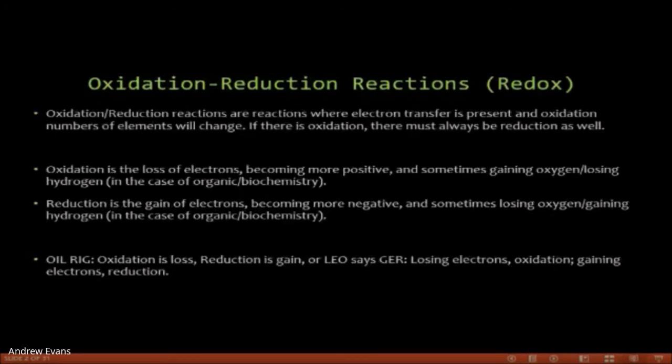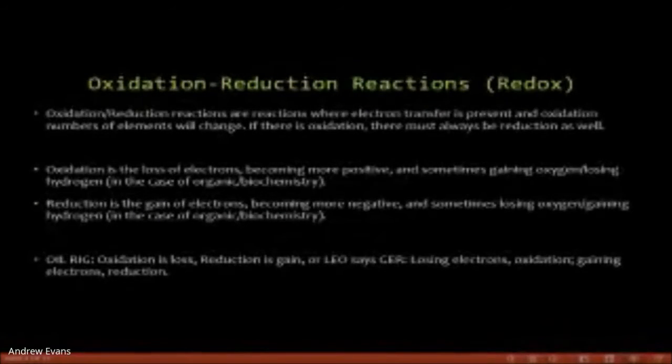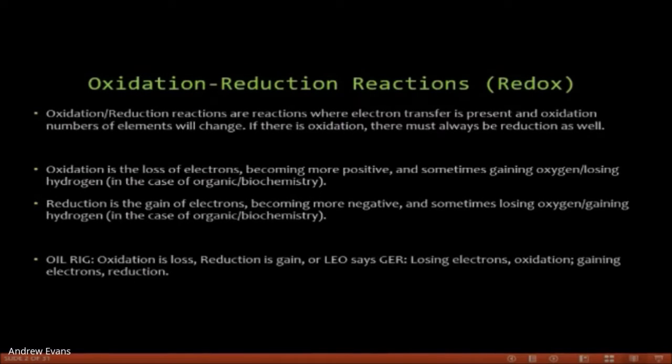Oxidation is loss, reduction is gain of electrons. There's also a mnemonic of Leo the lion says GER, where losing electrons is oxidation, gaining electrons is reduction. Use what you need to. It doesn't really matter. Use what you need to remember this.